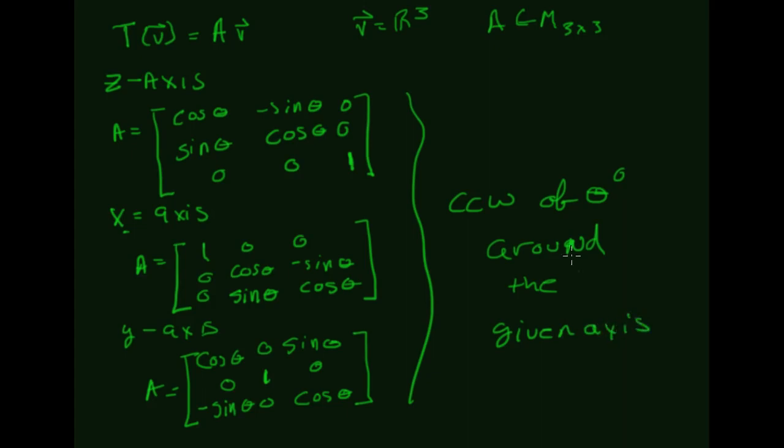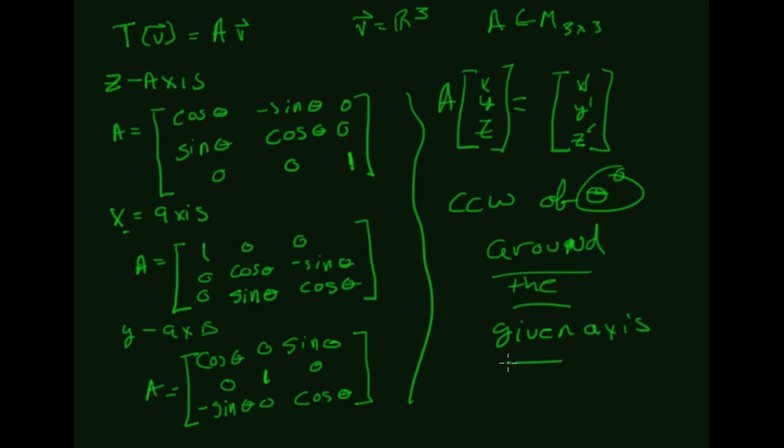So take a point, make that point a vector x, y, z, have A eat that vector, and then you'll get, let's call it x prime, y prime, z prime, that is rotated theta degrees around the given axis. All right, so there you go. This is rotation around axes using linear transformations. Awesome.